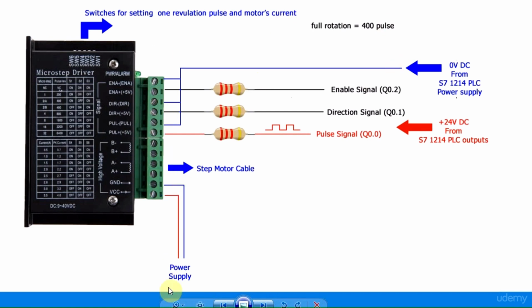Here we will connect the power supply, and here we will connect the stepper motor cable, and the pulse signal and direction signal. We will not use the enable signal; I said I must tell something about this. And here is either 24 volt DC or PLC outputs. Let's make the connections.